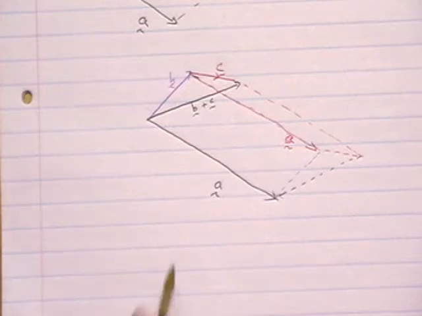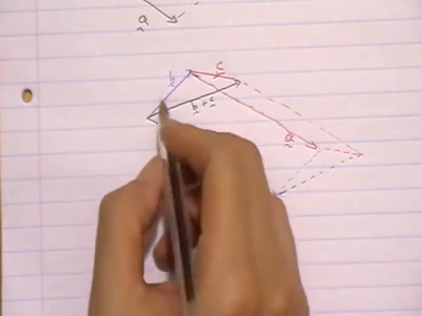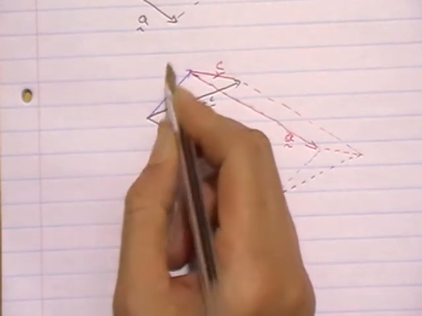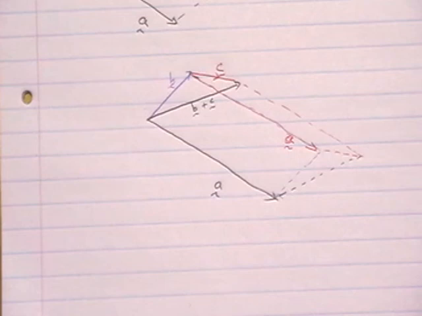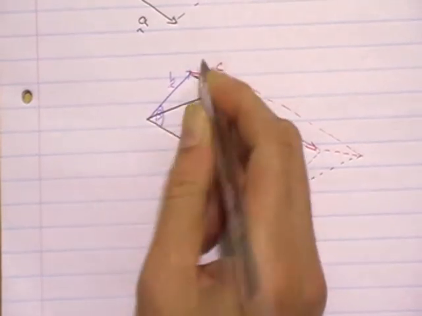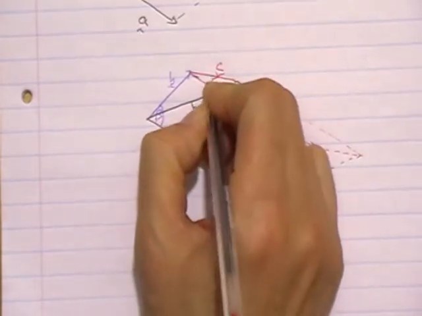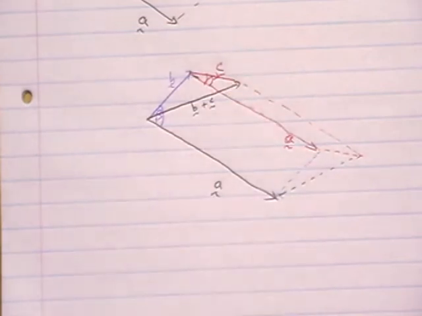So I know that I have these angles here. This is the angle, this was the angle beta, that was the angle gamma.